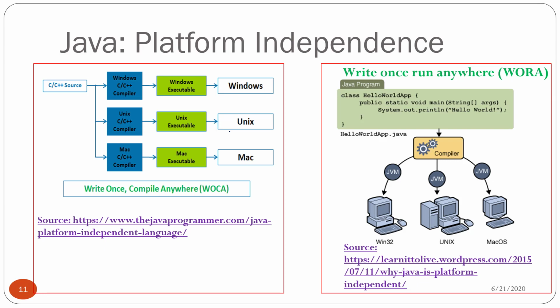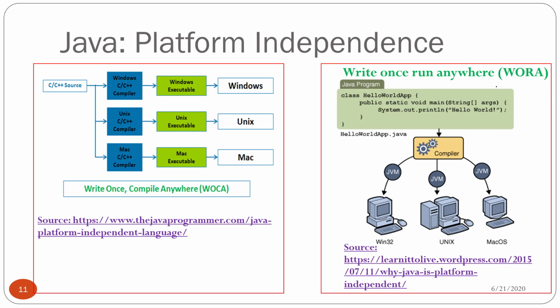If you want to take the same source code written in C or C++ and run it on different kinds of platforms, you'll have to use those specific compilers. So here you have write once and compile anywhere. You will have to compile at different places to get it to run on different platforms.